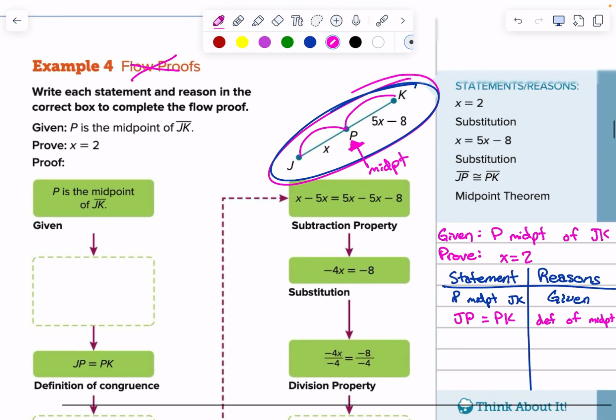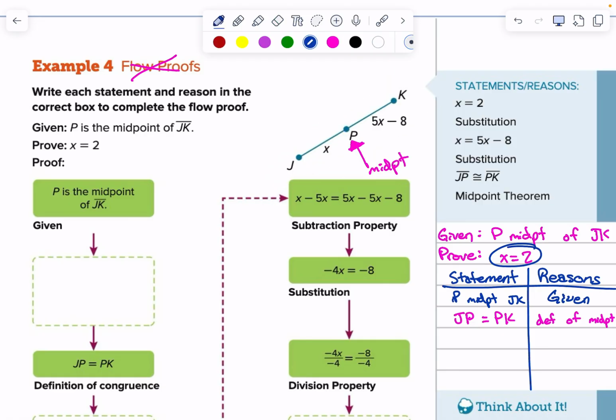Okay, now what? We know that those 2 pieces are the same. Now what should I do? Now we have to, because we're having to solve for X, right? Okay, so we got to get that involved. I want to solve, and I want to say that X equals 2. So I've got my 2 little pieces here are the same. How do I use that to solve for X? X plus, substitute X. Yeah, so what do we know about these 2 things?